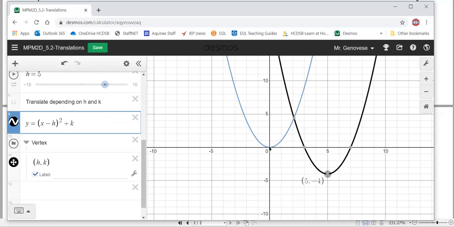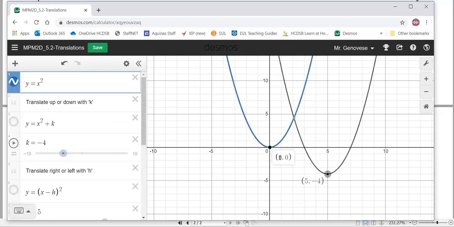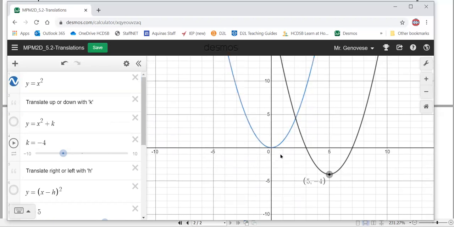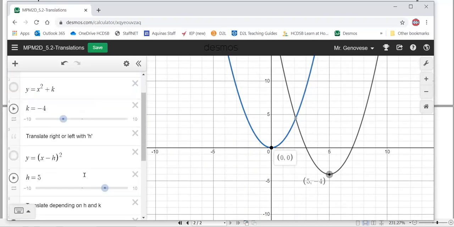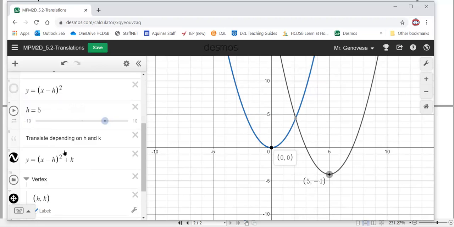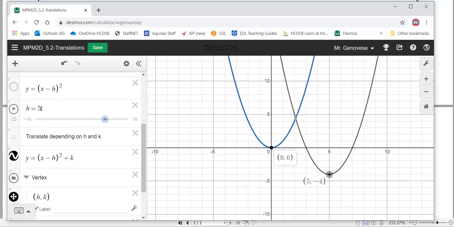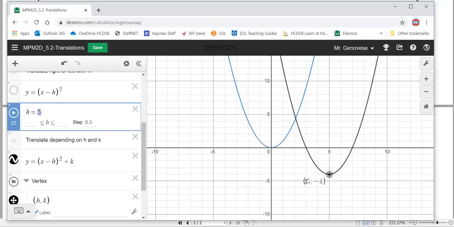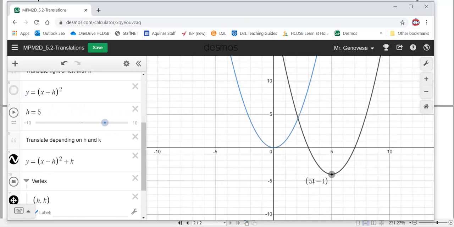Now, why is that the case? The old vertex was 0, 0. If the k value made the graph move up and down, then that's the y coordinate. You notice the k value is -4, so the y coordinate of the vertex is -4. And if the h value moved it left and right, now the h value is 5, and the x coordinate for the vertex is 5.